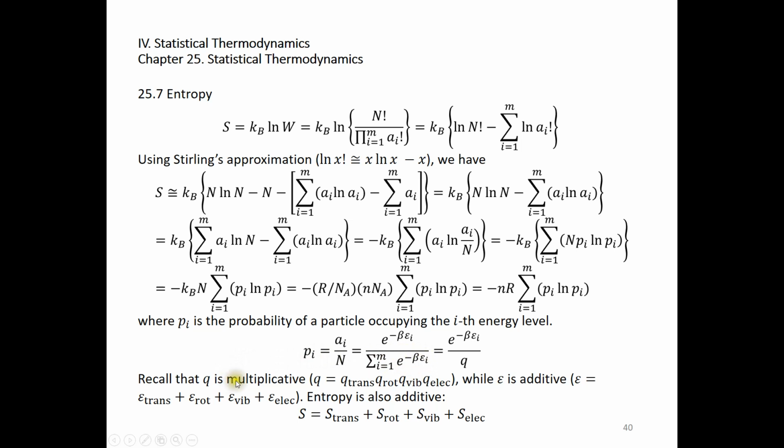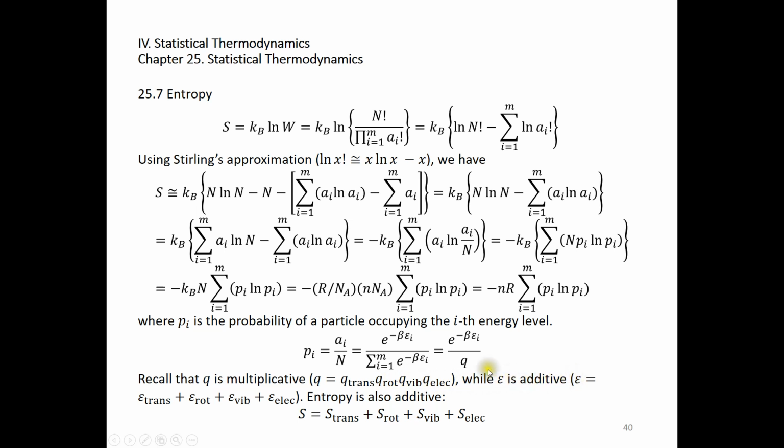Q is multiplicative, so Q is equal to the product of the translational partition function, rotational partition function, vibrational partition function, and electronic partition function. Epsilon, or the energy of a particle, is additive.